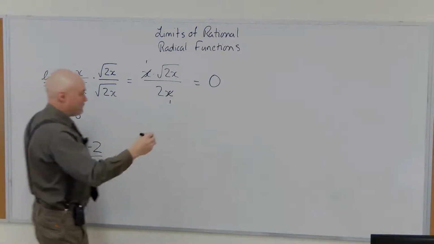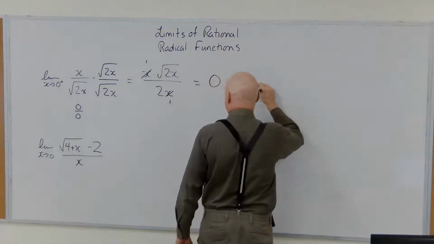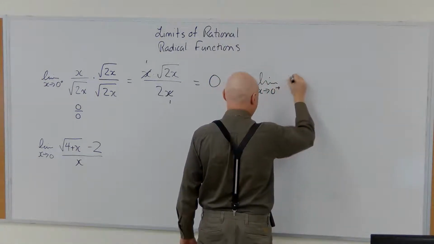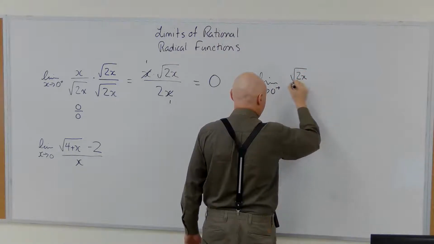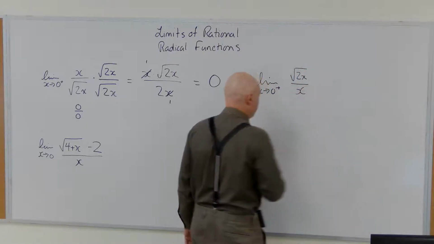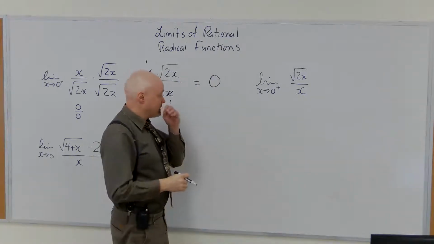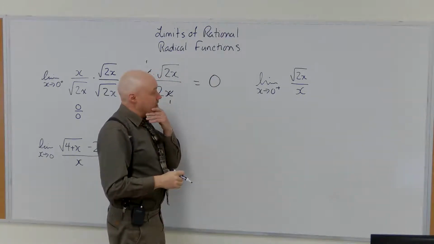This kind of problem could look like this instead. We could have the limit as x approaches 0 from above of the square root of 2x over x. Substitute 0. Oh my goodness, bad things happen.